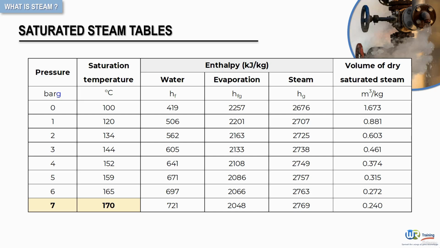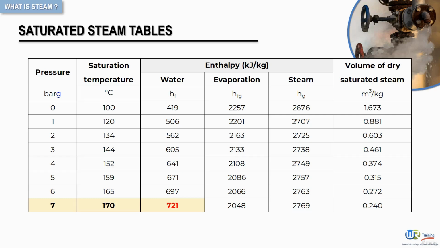The table gives a value of 721 kilojoules to raise 1 kilogram of water from 0 degrees Celsius to its saturation temperature of 170 degrees Celsius at 7 bar gauge, versus 419 kilojoules to raise 1 kilogram of water from 0 degrees Celsius to its saturation temperature of 100 degrees Celsius at atmospheric pressure.